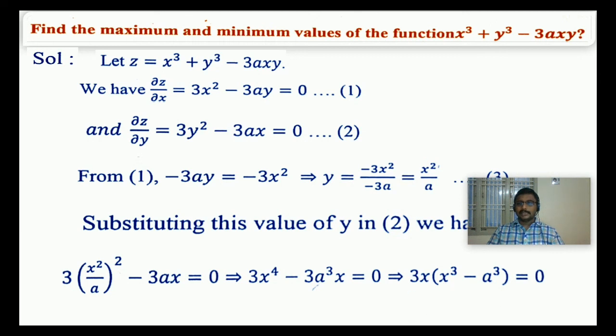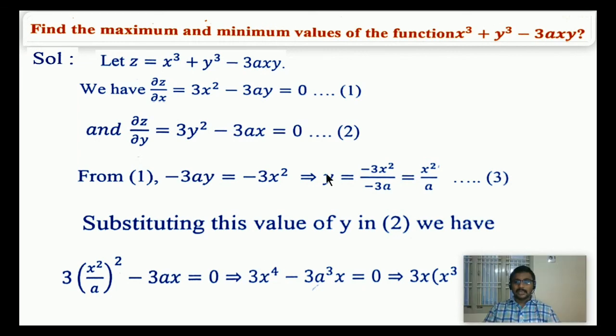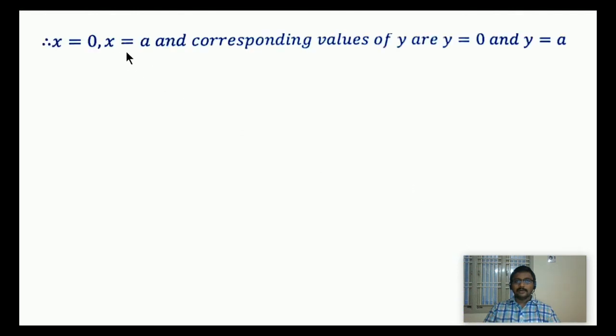At these points, we have to compute the y values by substituting in the equation y is x square by a. So for x is 0 and x is a, the corresponding y values are y is 0, because 0 square by a is 0, and y is a square by a, that is y equal to a. So we will have stationary points (0, 0) and (a, a).